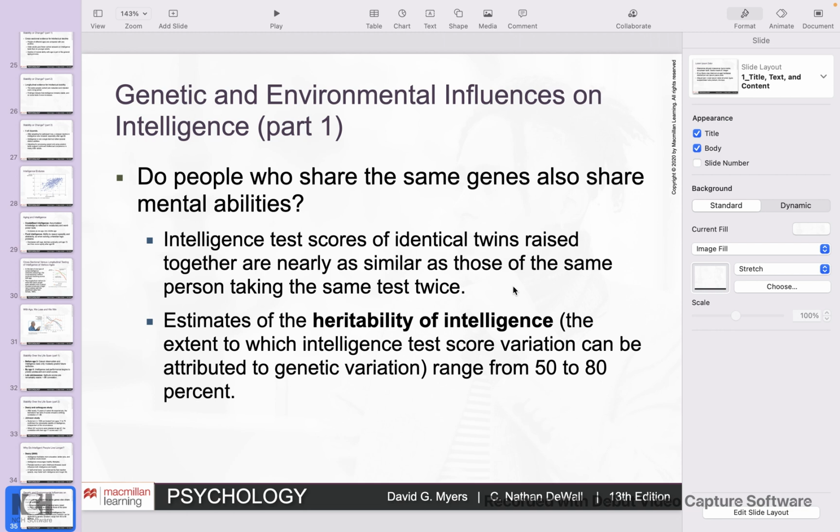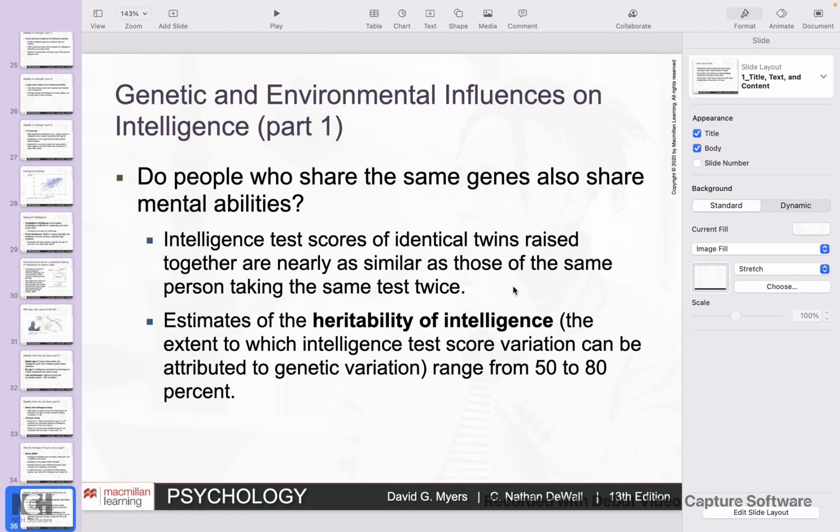We can really see that the heritability of intelligence ranges from about 50 to 80%. Heritability is the extent to which variation in intelligence scores can be attributed to genetic variation. Now again, 50 to 80%, that's a huge range.